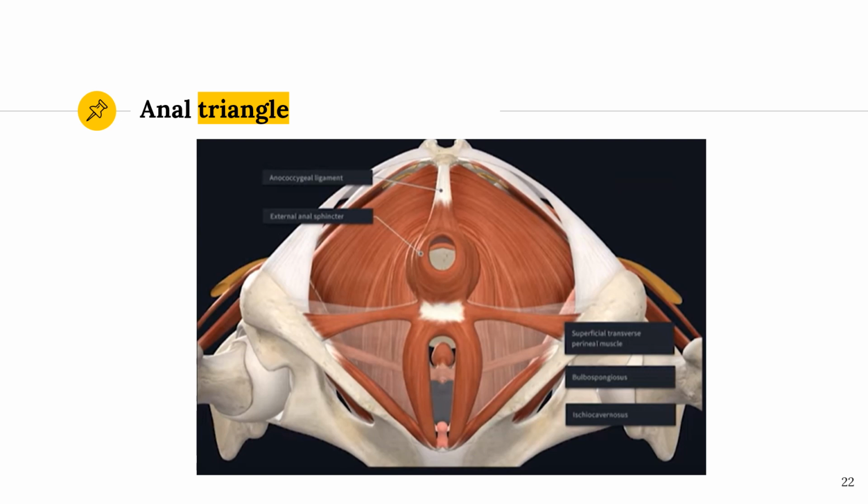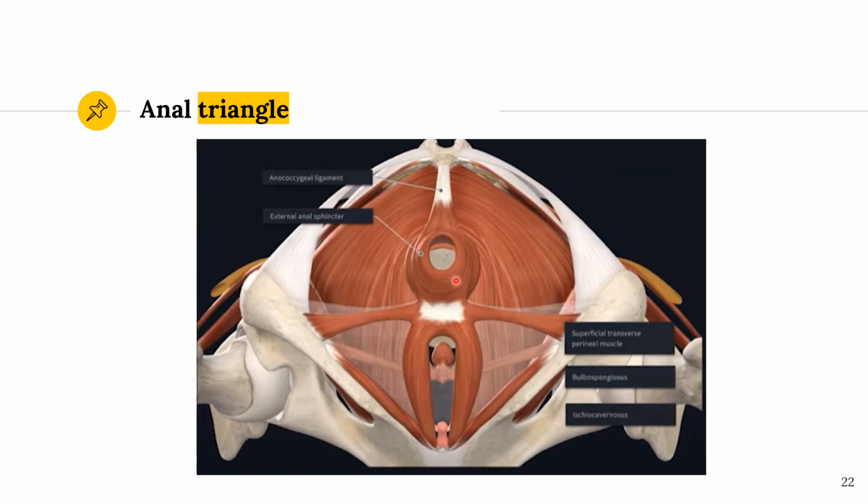Now we have completed the urogenital triangle. Let's talk a bit on the anal triangle posteriorly. This is a predominantly fat-filled space that contains nerves and vessels that are passing to the urogenital triangle anteriorly. In the midline, we can see an anal opening and external anal sphincter.